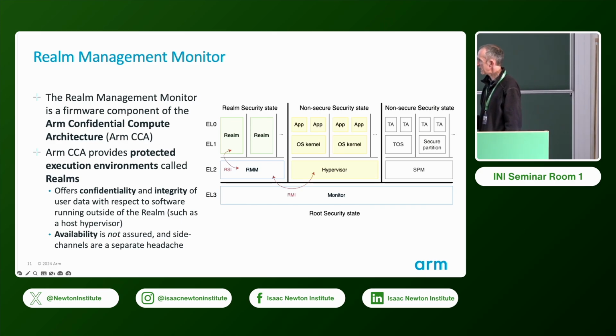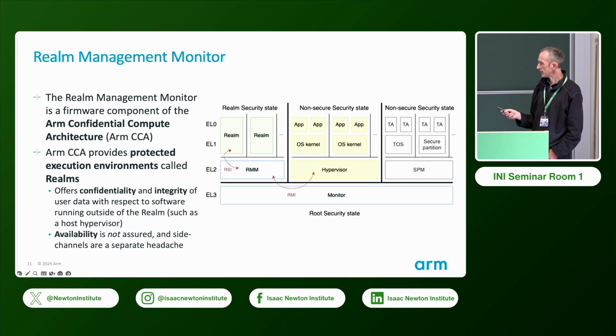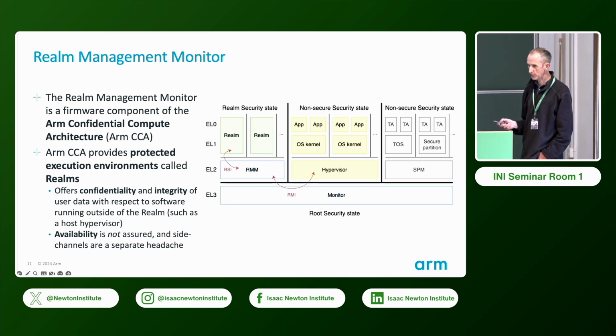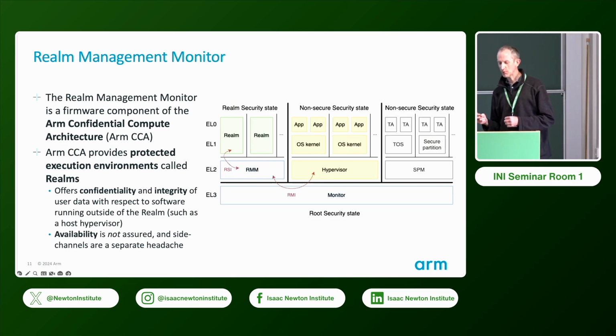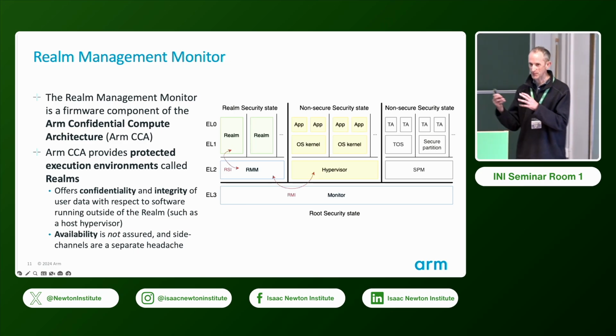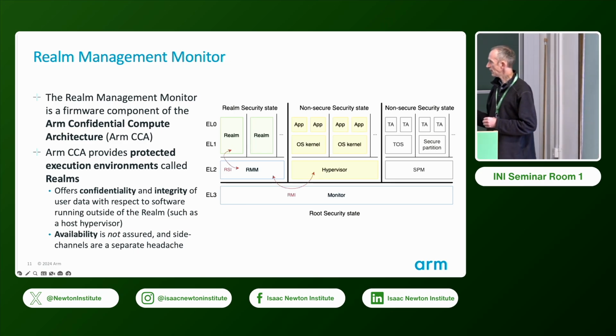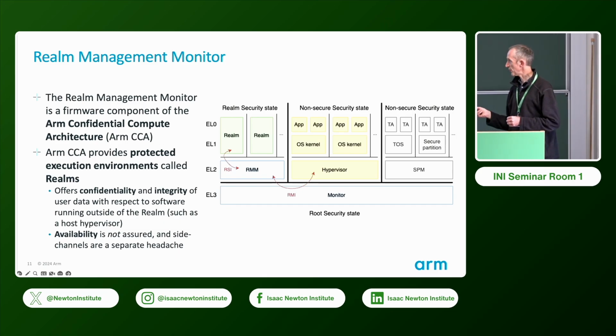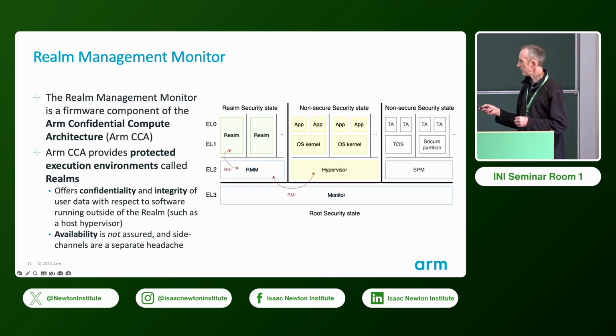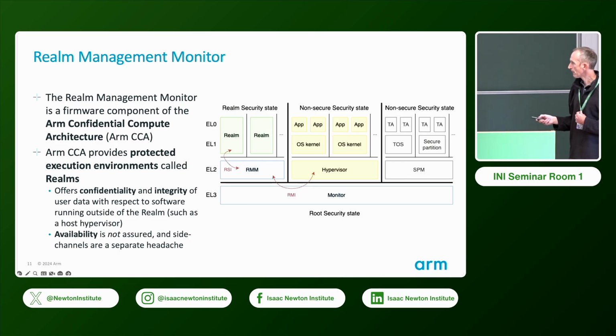Well, it provides protected execution environments that offer confidentiality and integrity of user data. In particular, if you're paranoid about whether or not you can trust the hypervisor. So if you're doing some workload in a cloud, but you don't fully trust the cloud provider, you don't want them to actually have a look at all of your secret data, you would use this technology to ensure that they're not able to snoop on your data directly.